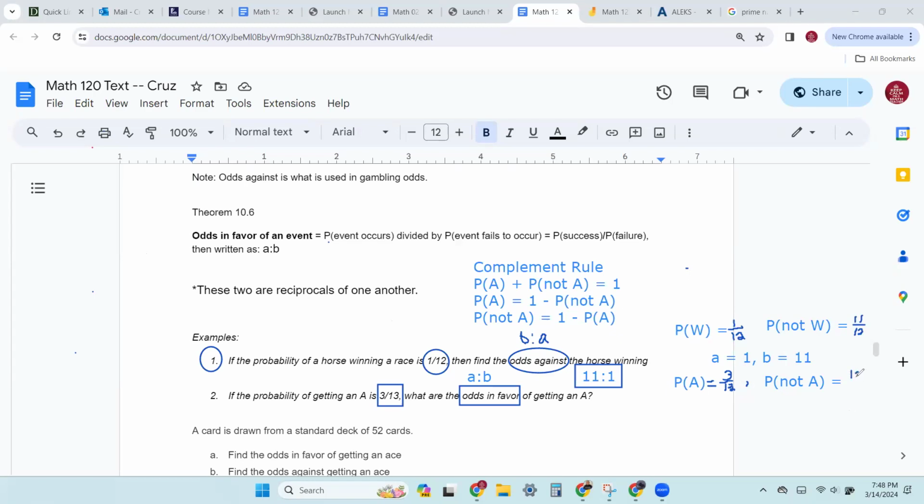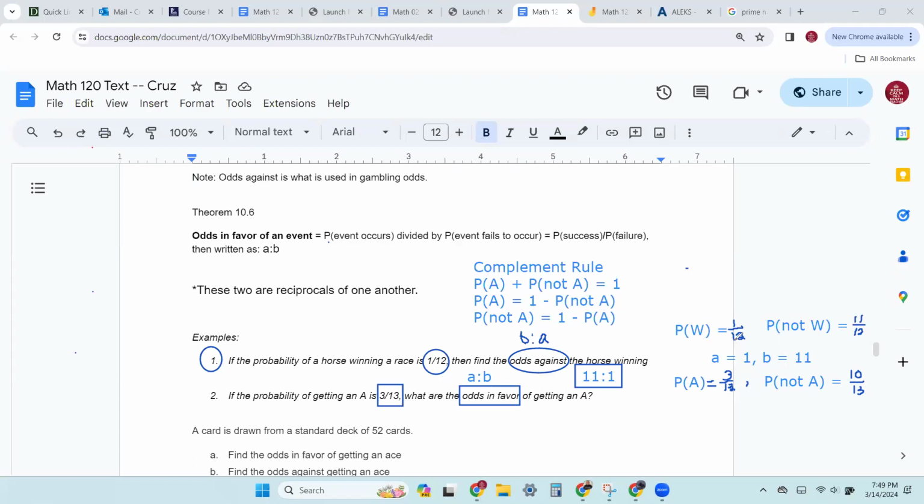And we keep the same denominator. We don't really need the denominator to find the odds, but I'm just showing you the complement rule in action. My little favorite trick to find the probability of not getting an A is simply 3 from 13, which gives us 10, and it's still over 13 for the probability.